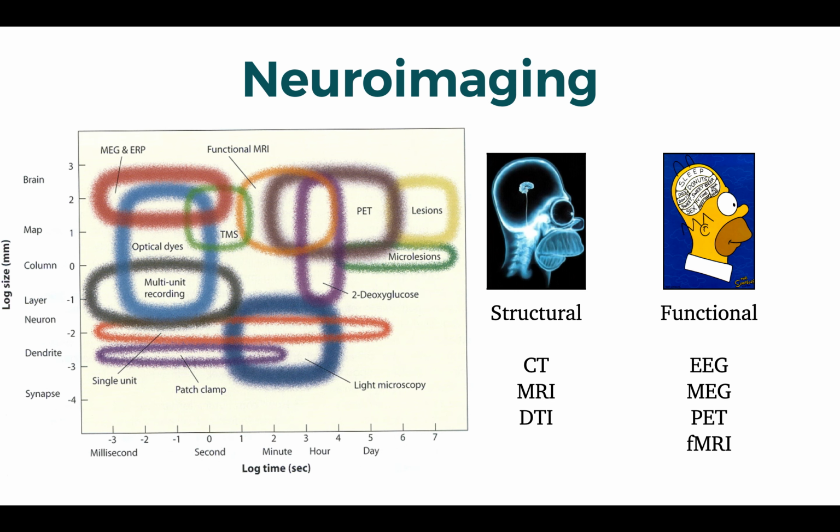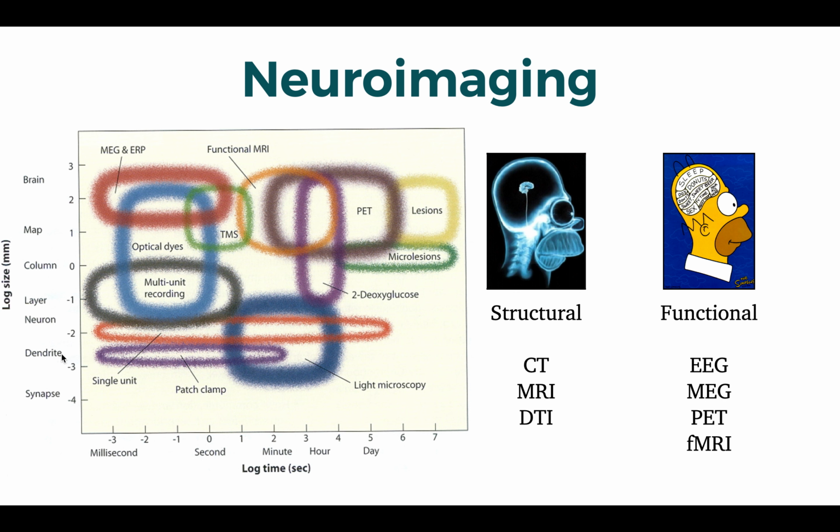As a last reference for you, if we're looking at temporal goodness, how good are all of these methods on a temporal scale, and how good are all of these methods on a spatial scale? So let's look here. Light microscopy is on the level of minutes as far as temporal resolution, but it has a really fine spatial resolution.